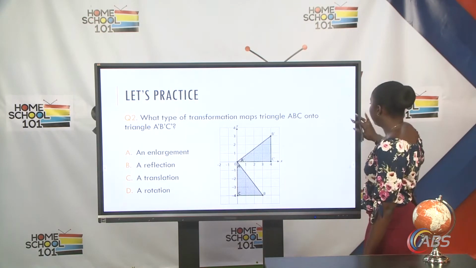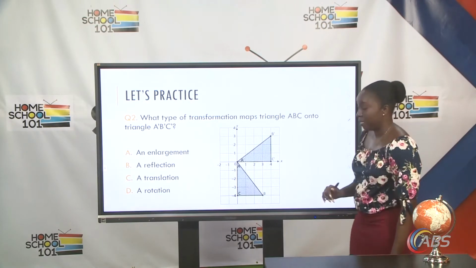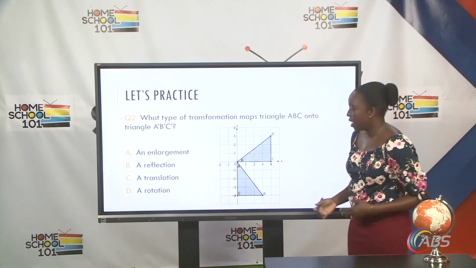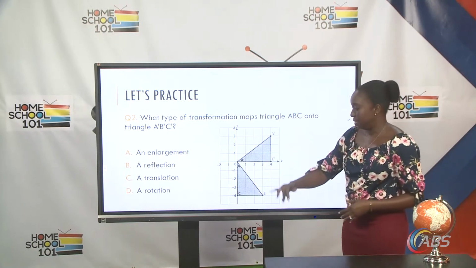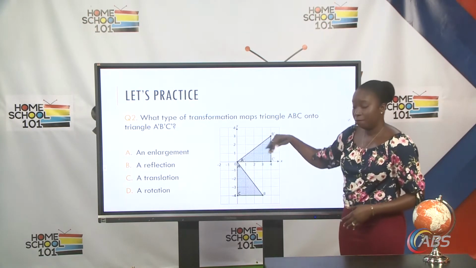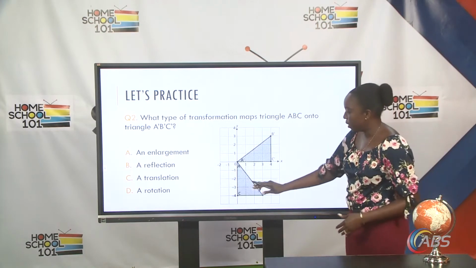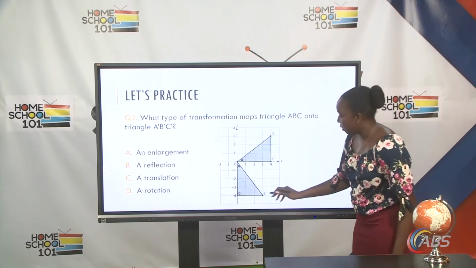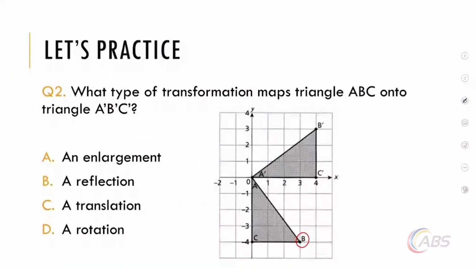In any case, it's a right angle that's being created, and so we can fairly say, if the question asked us, that this was a 90-degree rotation, and it would have been an anti-clockwise rotation because the object is in quadrant 4. If we look at B to B prime, it's going this way, and it comes up this way, that's a 90-degree, right?